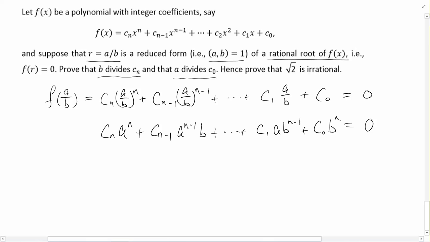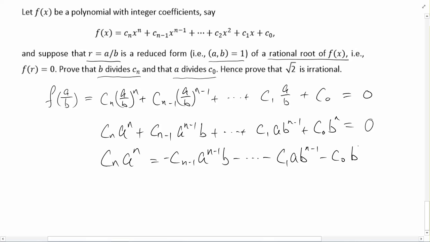Then you can leave the first term on the left hand side and move all other terms to the right hand side. Then you have Cn times a to the power n on the left hand side equals minus Cn minus 1 a to the power n minus 1 b, minus dot dot dot, all are minus because you move all the terms from the left to the right, and the second last is minus C1 a b to the power n minus 1, minus C naught b to the power n.